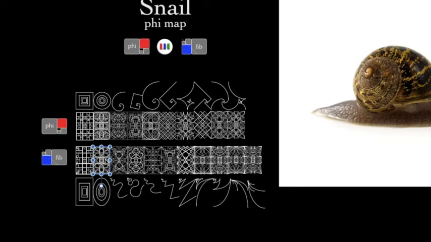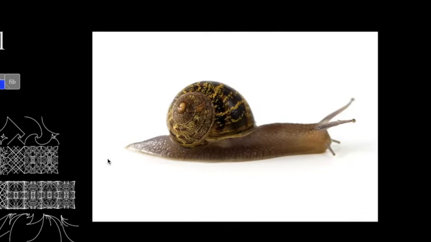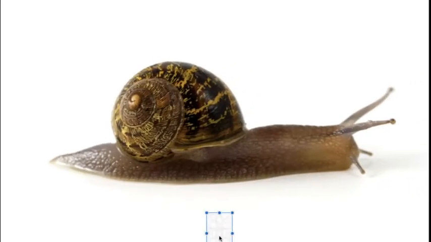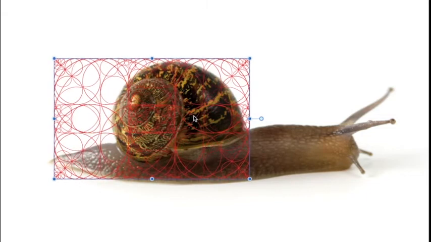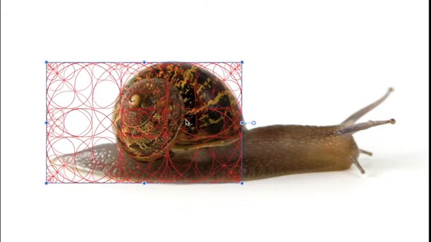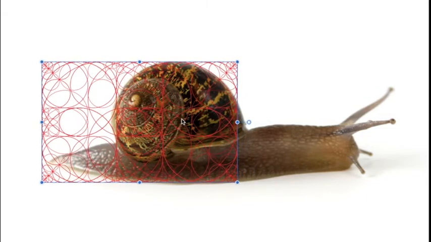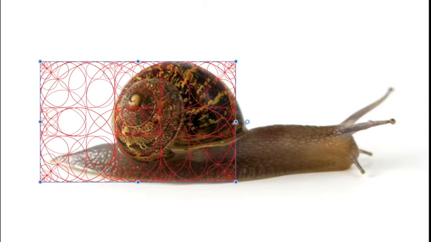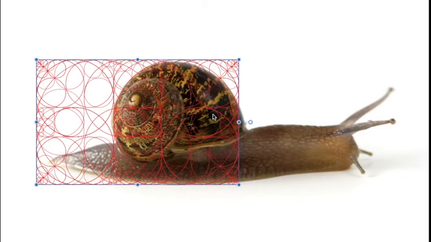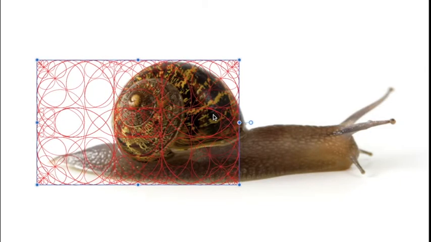Well, if we try the other circle map, this being of the Fibonacci line nature, possibly because the shell is very circular, it's going to fit these circle patterns.